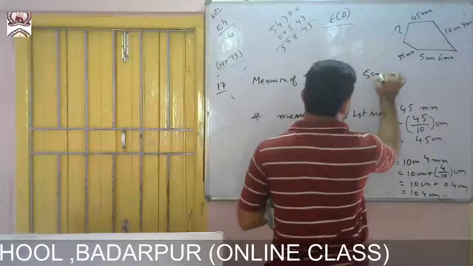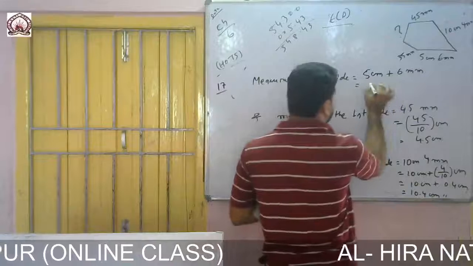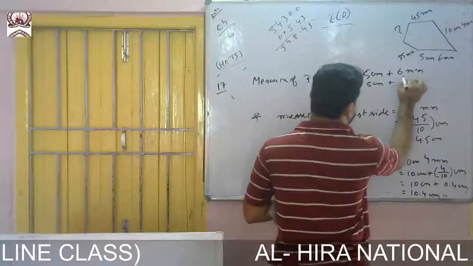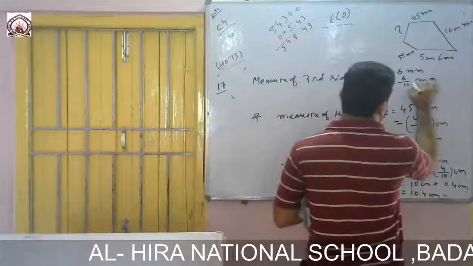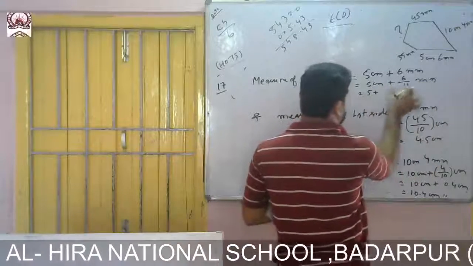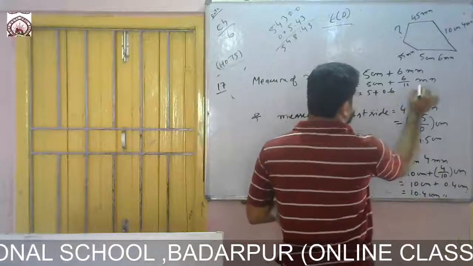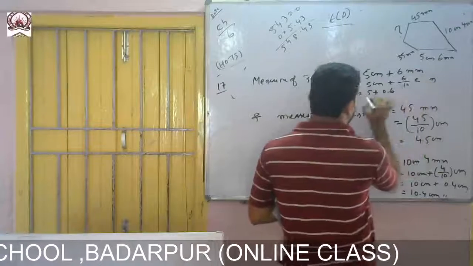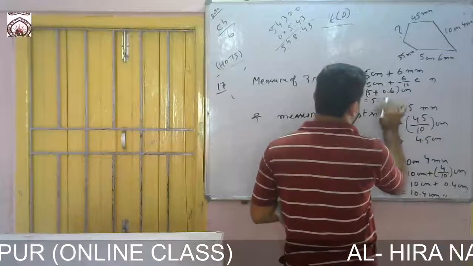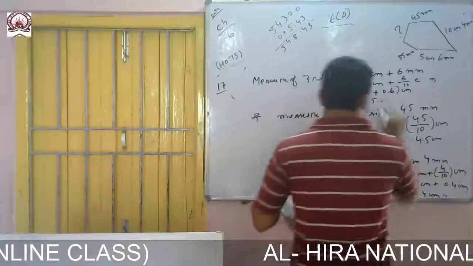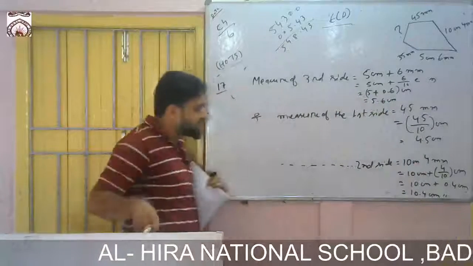So I am directly writing: 5 centimeter, and the 6 millimeter I need to divide by 10, so it will be 5 plus 0.6 centimeter. So 5.6 centimeter.